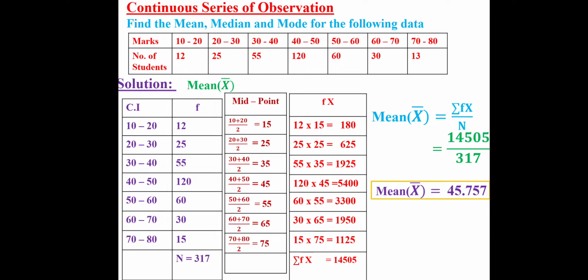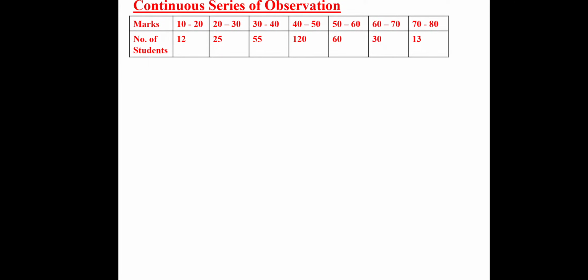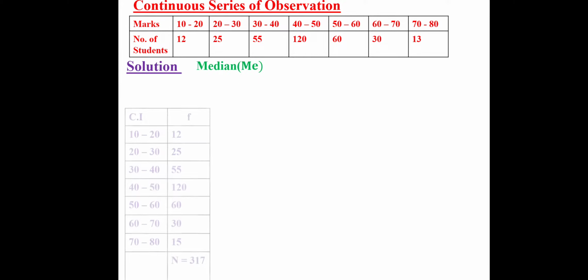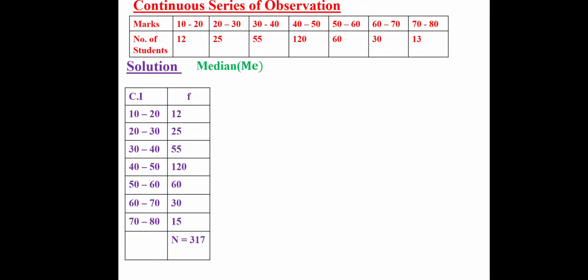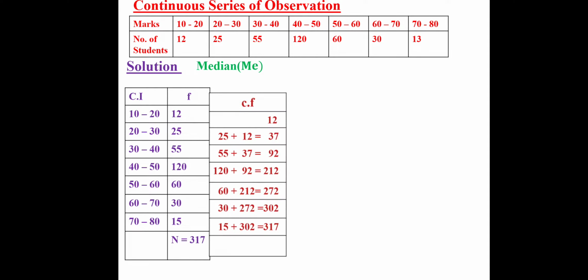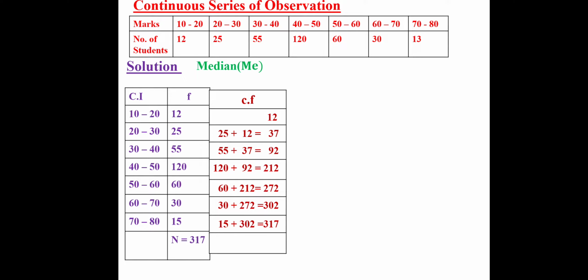Then coming to the median, how to find it. I am taking the same problem, written in vertical form. The total we already added: 12 plus 25 plus 55, 120 plus 60 plus 30 plus 15, 317. Whenever we find the median in discrete and continuous series, we need to find the cumulative frequency.